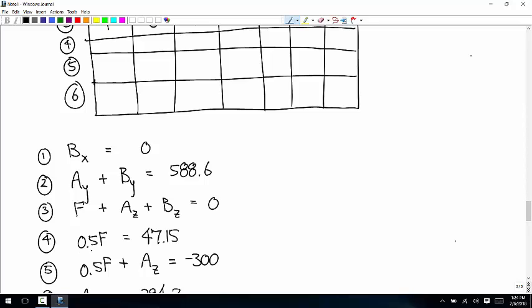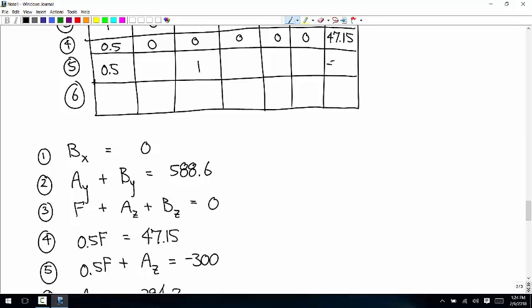Equation 4, F's, we have 0.5. The constant is 47.15. Everything else is 0. Equation 5, F's, we have 0.5. AZ, we have 1.